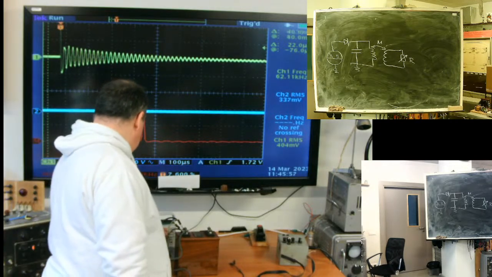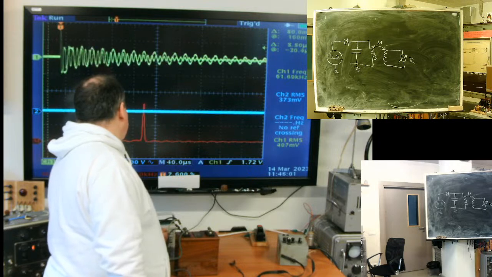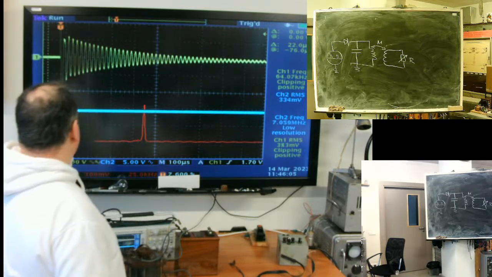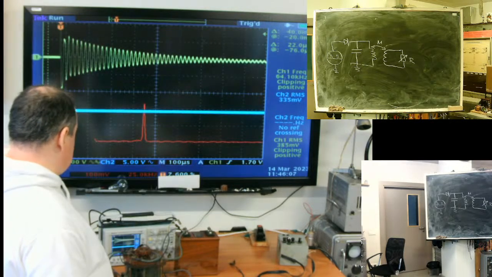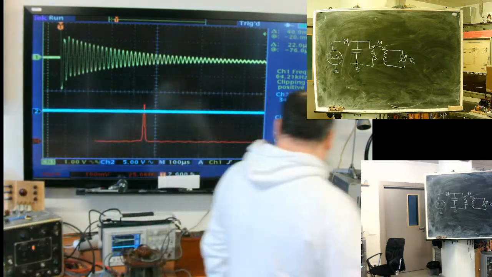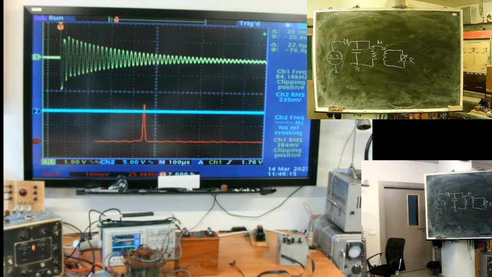Nice. Nice decaying oscillation. Okay, more optical.